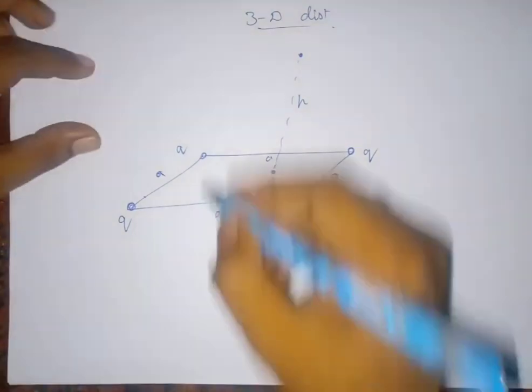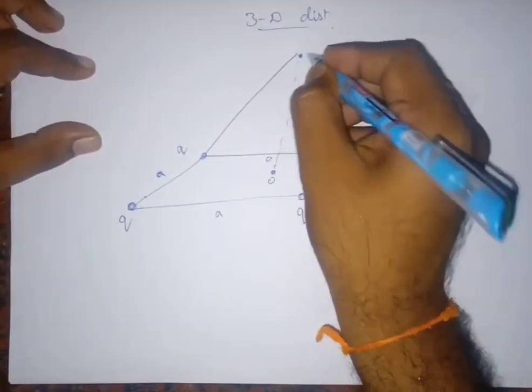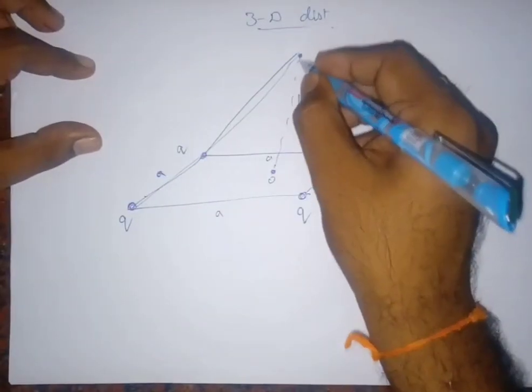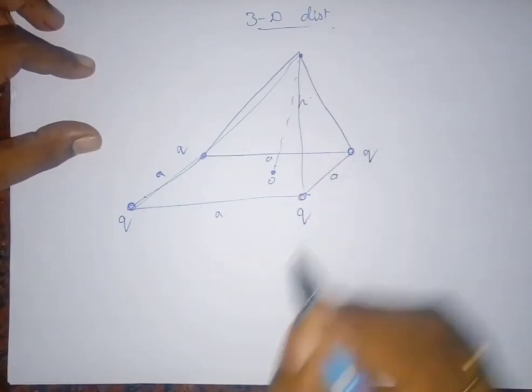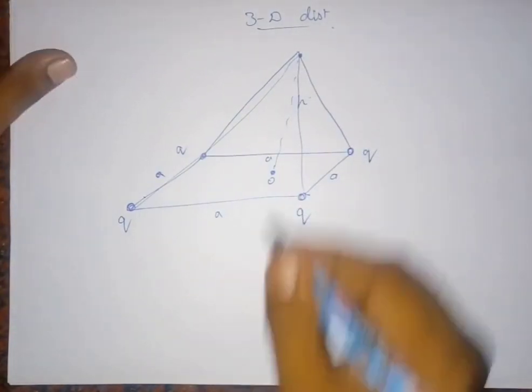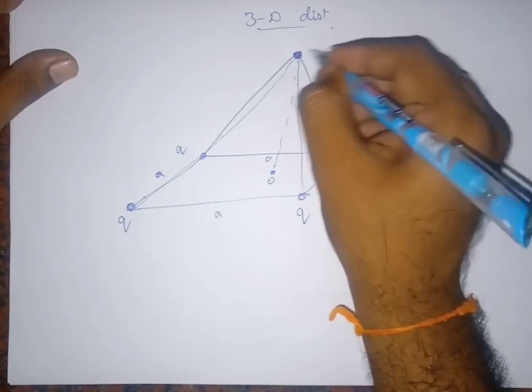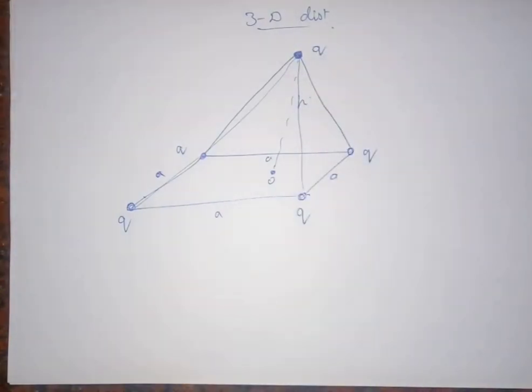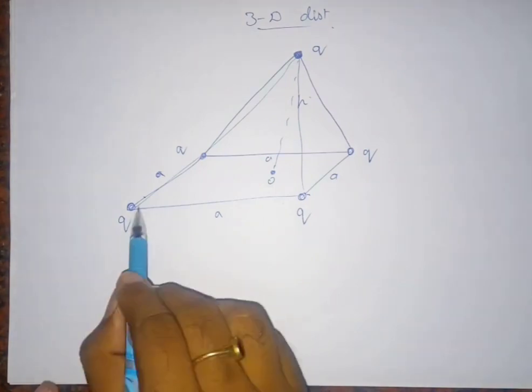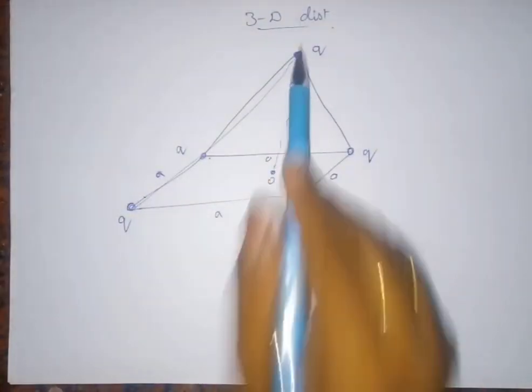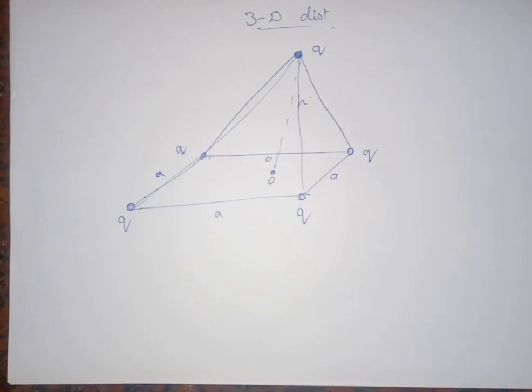So joining all of them would actually mean it forms a pyramid. So at this apex, keep one more identical charge. So totally there are 5 charges placed at the vertices and at the apex of a three-dimensional figure. It looks like a pyramid.